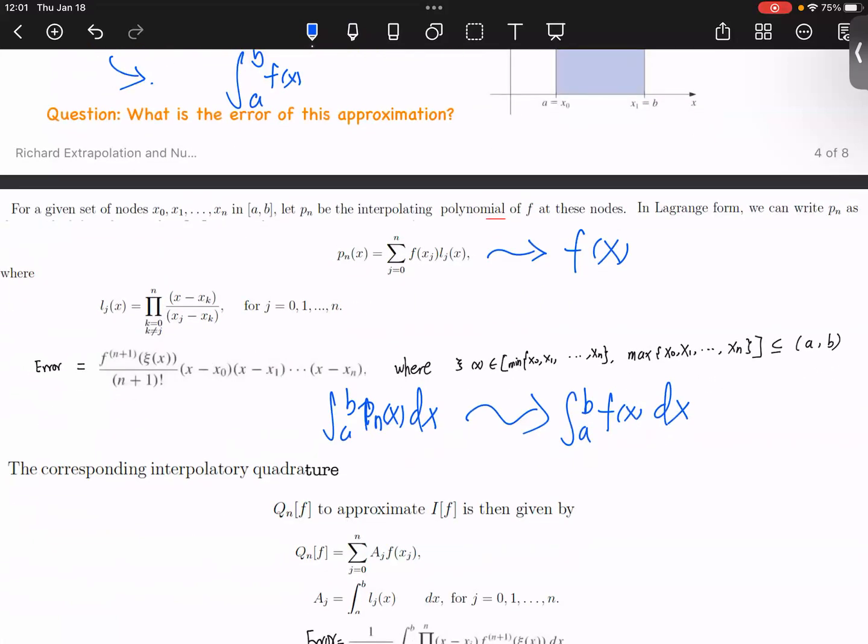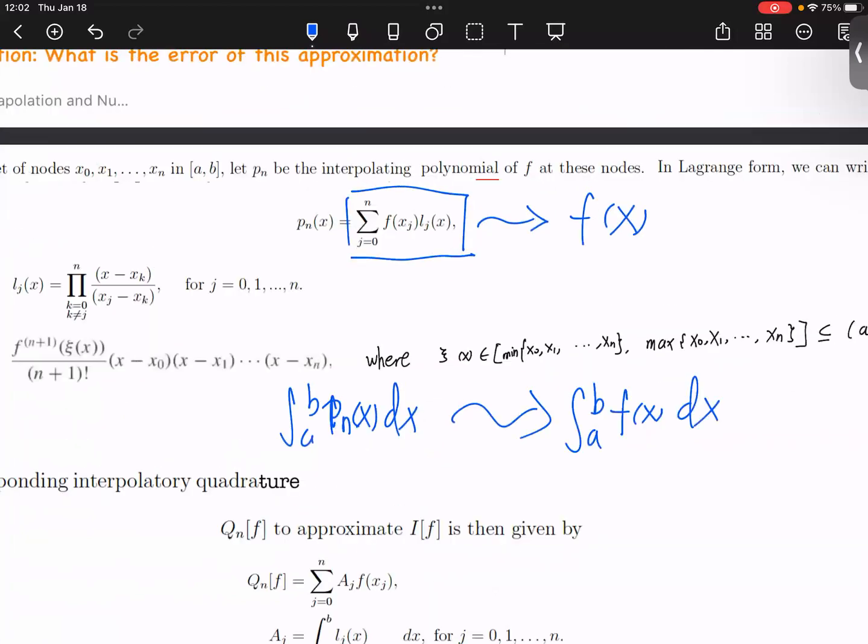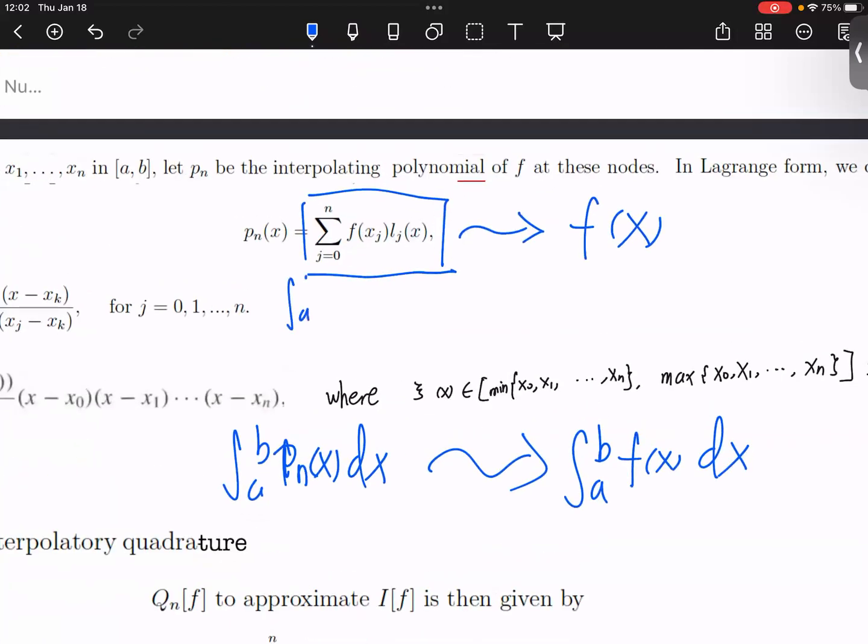We have the function, right? If we are going to do the integration here, what do we have? We have the integral from a to b of P_n(x) dx, and we are doing the integration for the sum, which means this equals the sum of f(x_j) times the integral of l_j(x) dx.